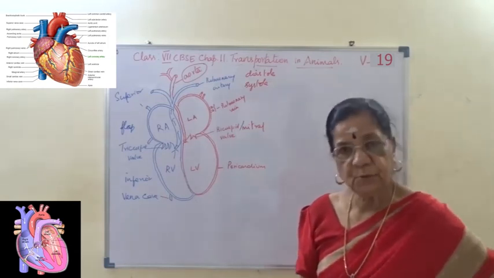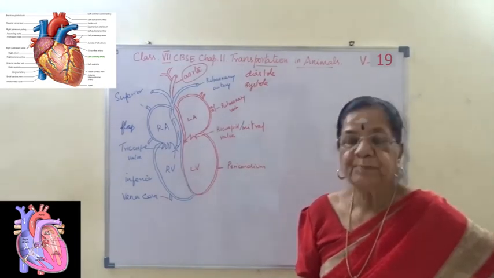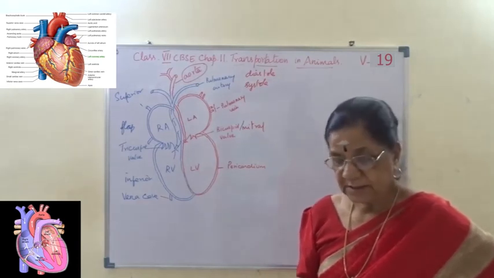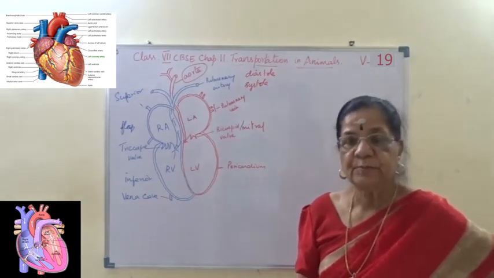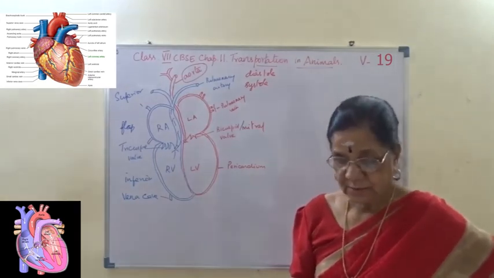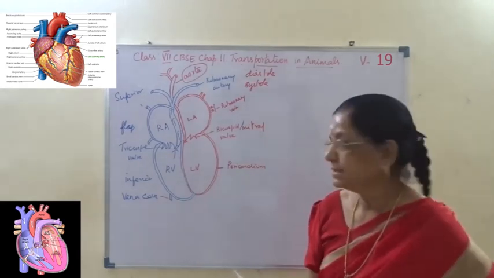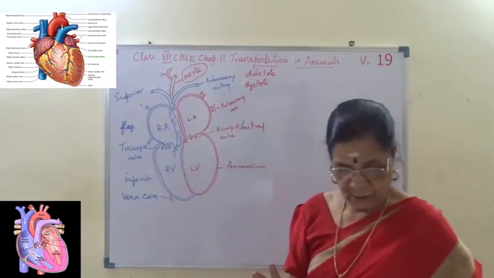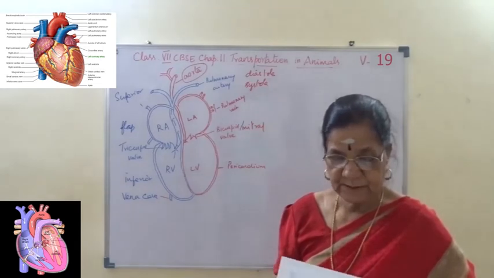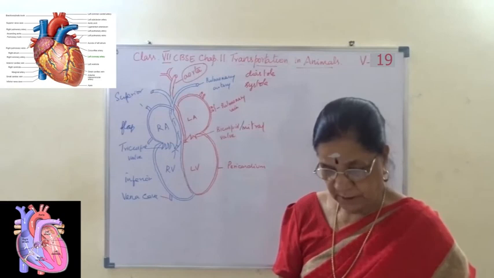Muscular wall in between these two is called the interauricular septum, and in between these two, it is called the interventricular septum. The heart has 4 chambers: upper right atrium and left atrium, and lower left ventricle and right ventricle. The partition between the chambers helps to avoid mixing of blood rich in oxygen with blood rich in carbon dioxide. I hope you understand. So it prevents the mixing of blood. Are you clear? So this is for the structure of the heart and working of the heart.